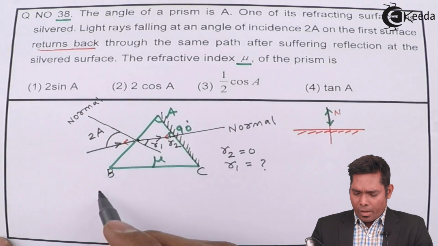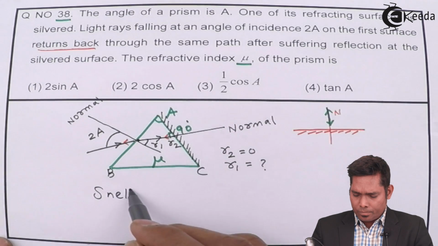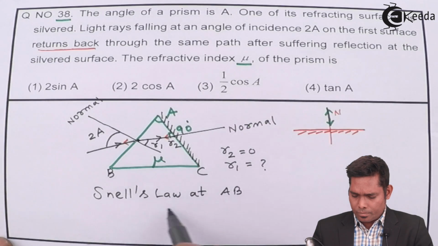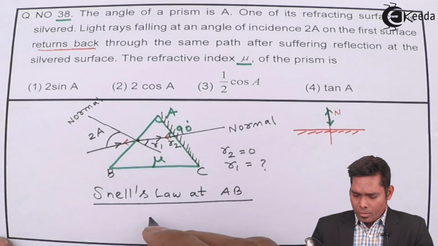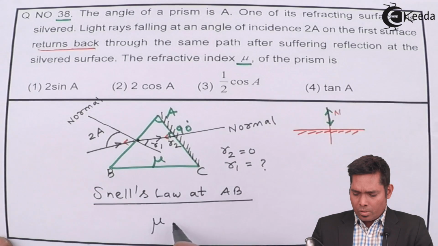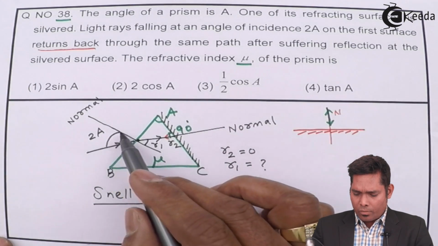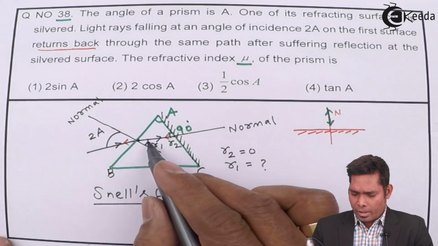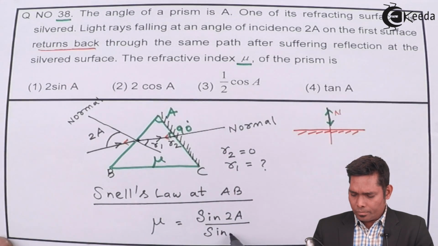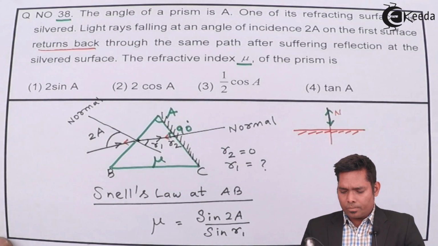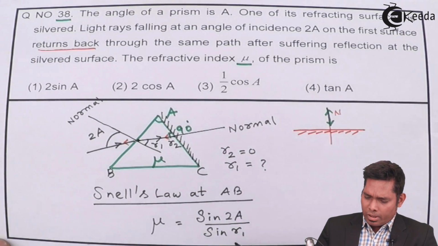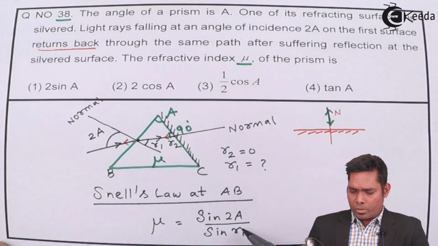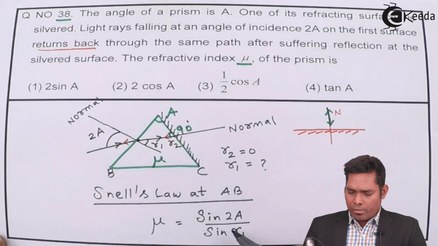So on this face AB, if I apply Snell's law, at this point, the refractive index is sine of this angle divided by sine of this angle. This is Snell's law. So if you can solve these, then we'll get the options. Now here R1 is not required. You have to eliminate R1, and we'll see what is R1.